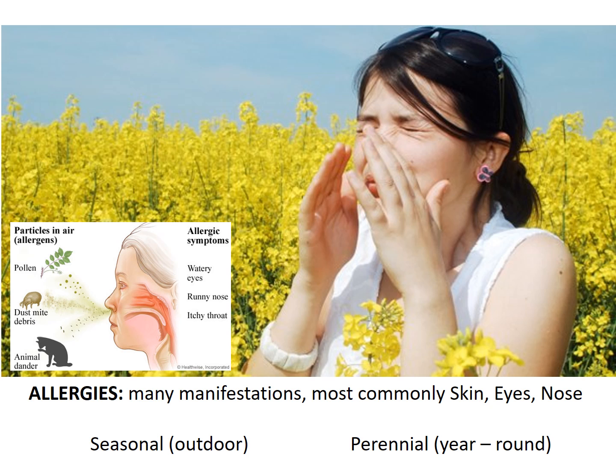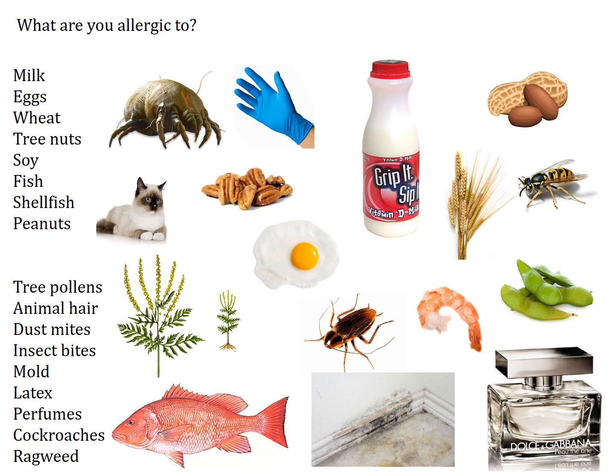If your allergies are due to outdoor allergens and they only occur at certain times of the year, you have a seasonal allergy. If your allergies are occurring year-round due to some type of indoor allergen, then you have perennial allergies. Allergies vary, right?